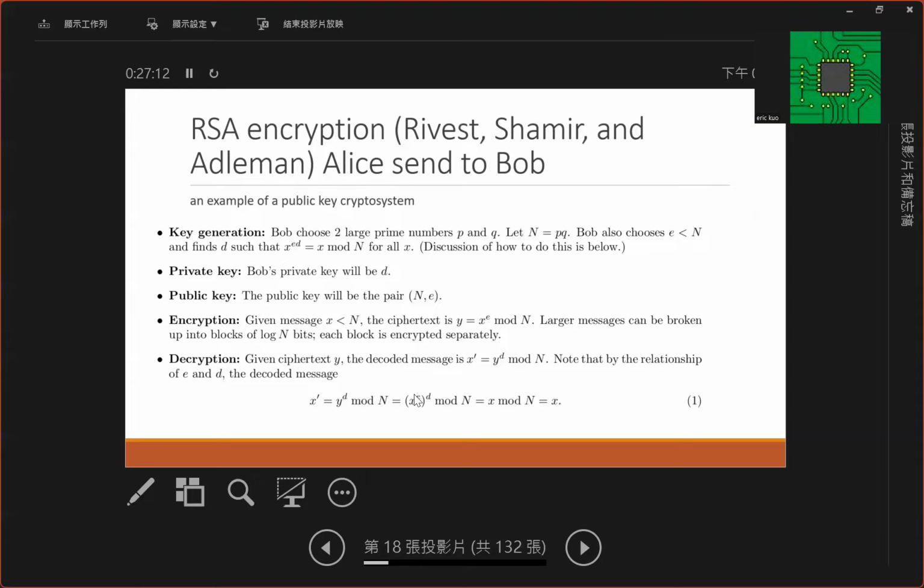So Bob chooses some e, and there is a d such that x to the ed is x mod n. Now Bob has a so-called private key, which is d. Private key means that you cannot share this key with others. And the public key will be the pair n and e. So n and e are exposed to everyone, and anyone can see them.